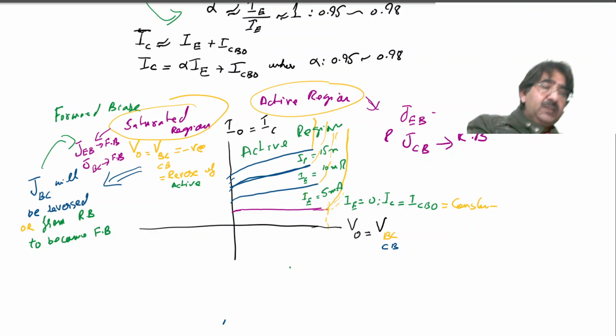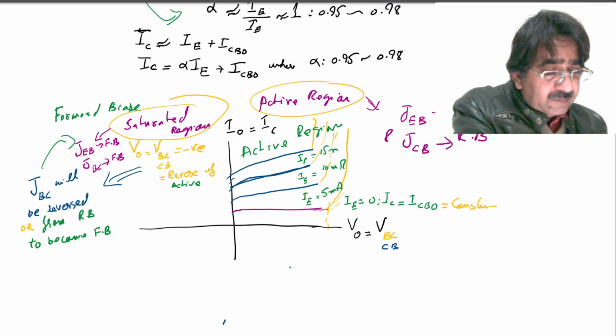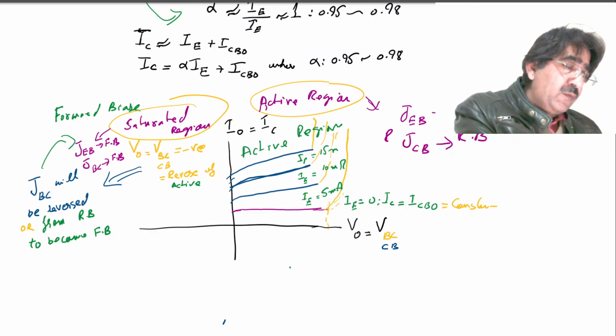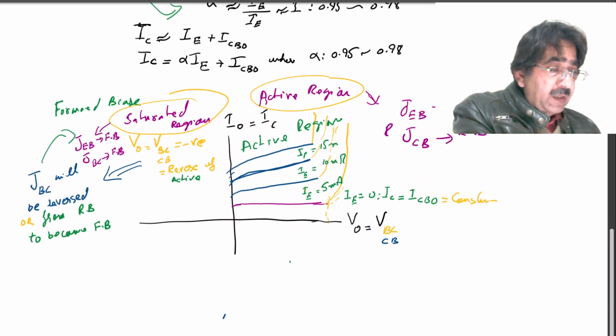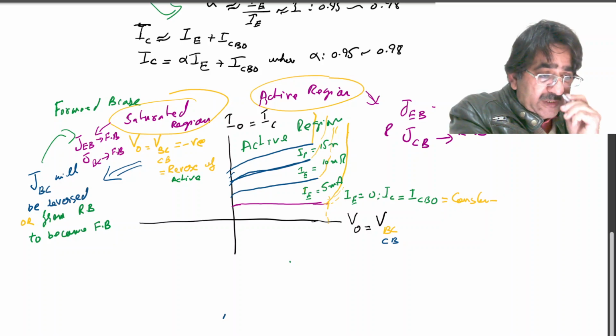Okay, so this is the active region. Why? Because the emitter base junction EB or BE is a forward bias, and the CB junction is a reverse bias. So this will be an active region, and this will be a saturated region.